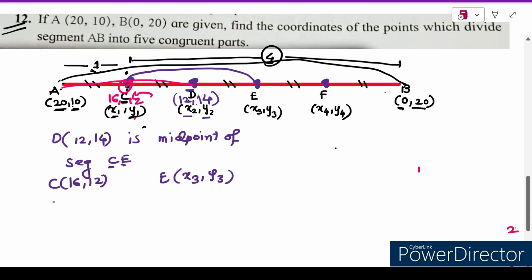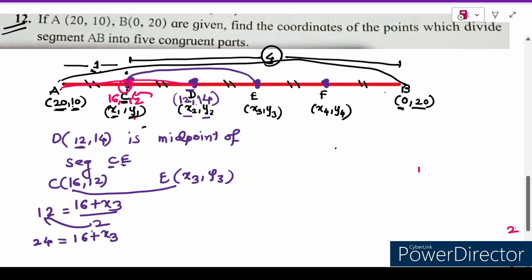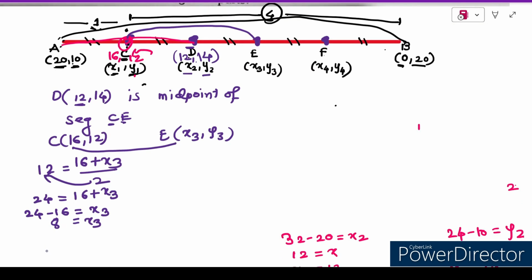By the midpoint formula, 12 is equal to (16 plus x3) divided by 2. 2 into 12, that is 24, is equal to 16 plus x3. 24 minus 16, that is 8, is equal to x3. Therefore x3 is equal to 8.